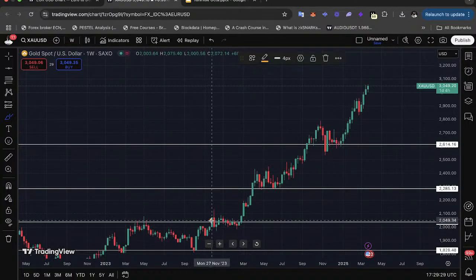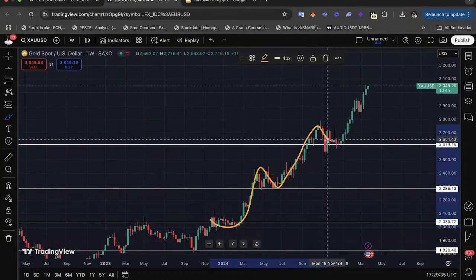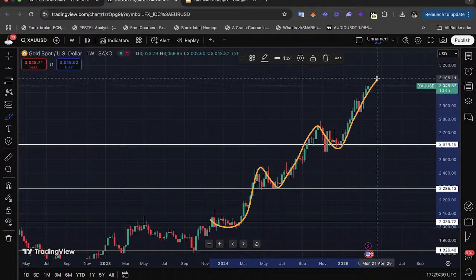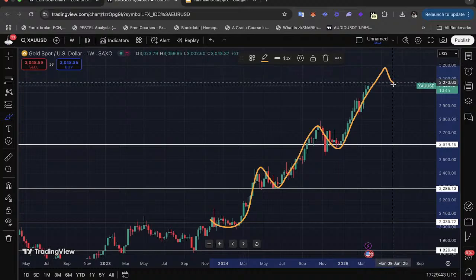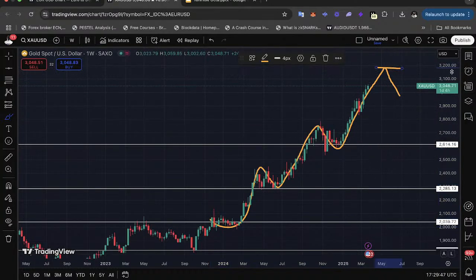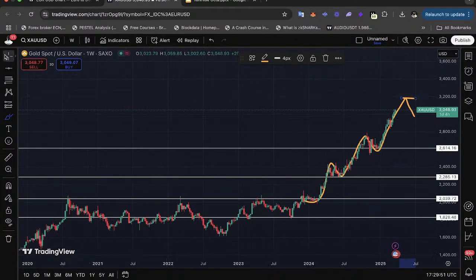Because from here, price goes up, pulls back, goes up, pulls back, now goes up. Now we're expecting a pullback anywhere from here.